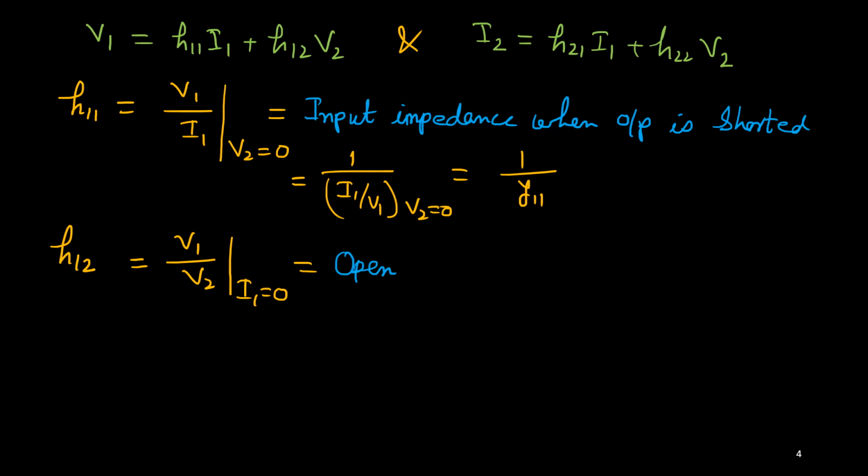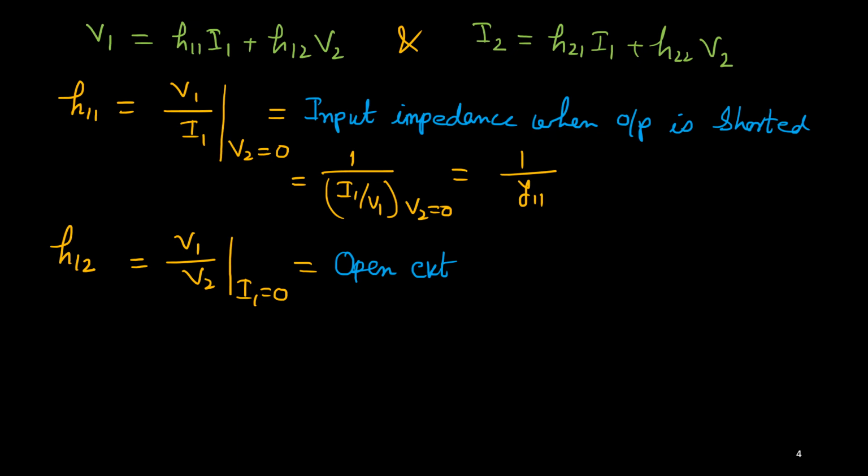Generally we define output voltage by input voltage as gain, which is called forward gain, input to output. In this case it is opposite. This is input voltage upon output voltage, thus it is called reverse voltage gain.